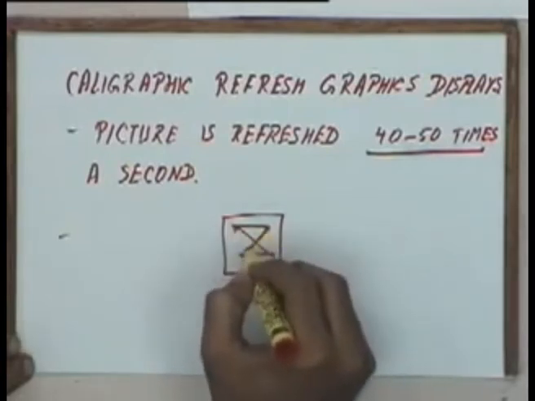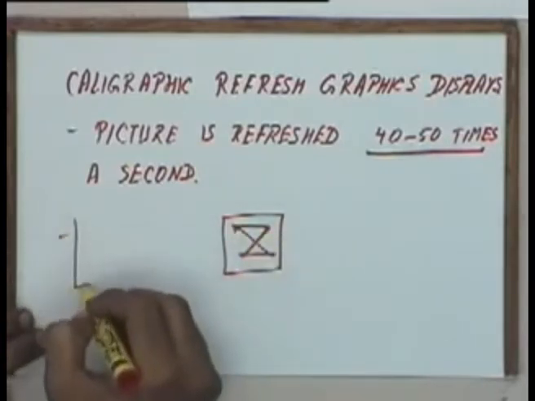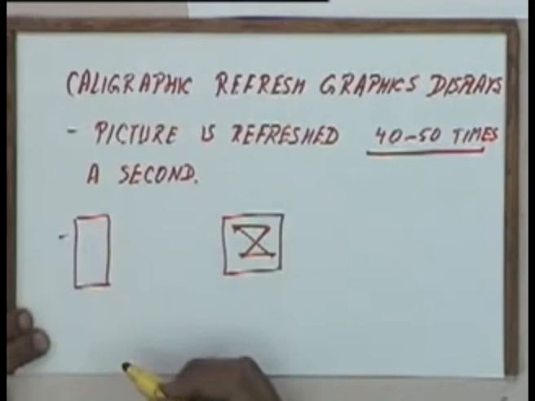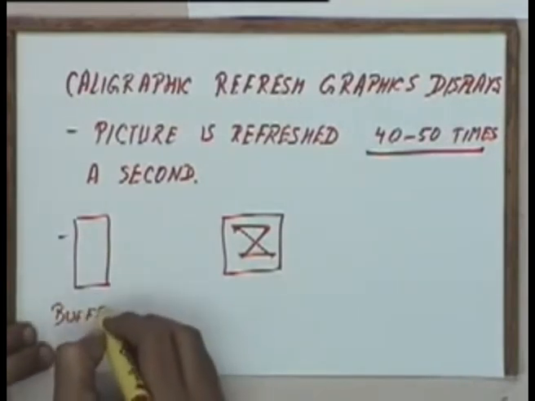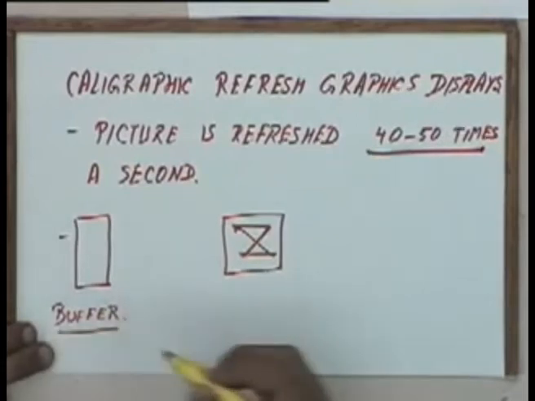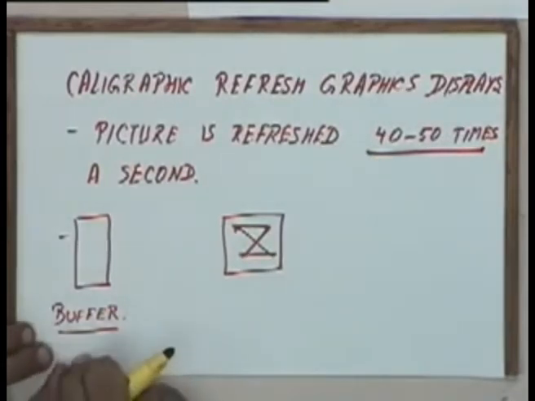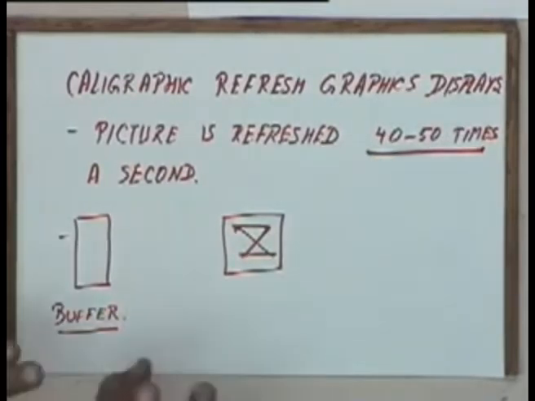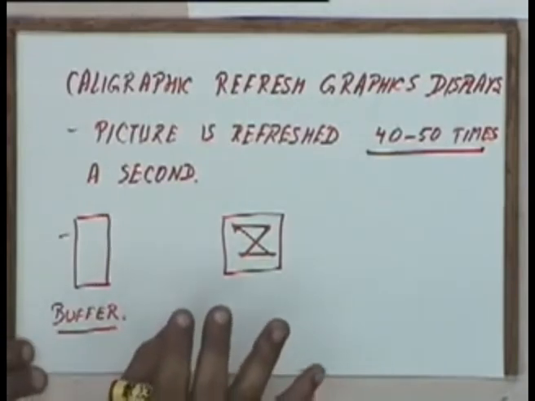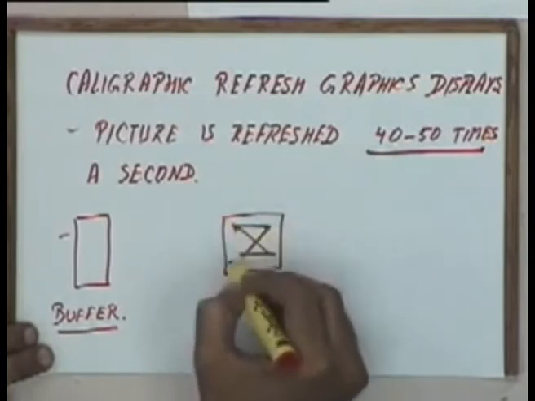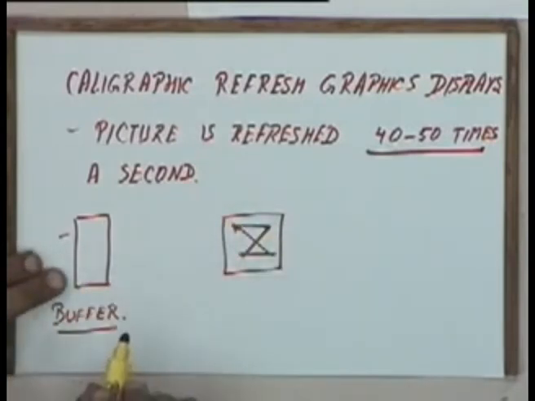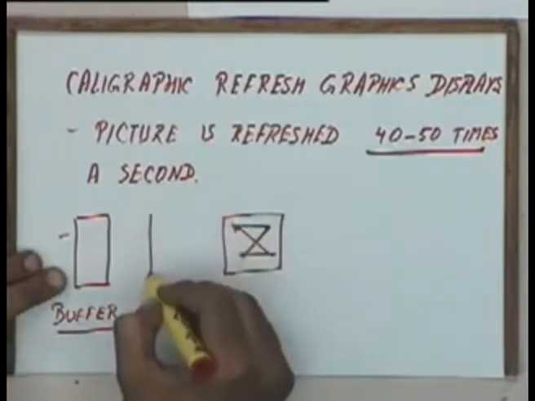So all these entities are stored in a buffer. This buffer is nothing but a certain memory location. All the entities which are to be displayed, a description of each of these entities will be available in the buffer. And then we have what is called a controller.